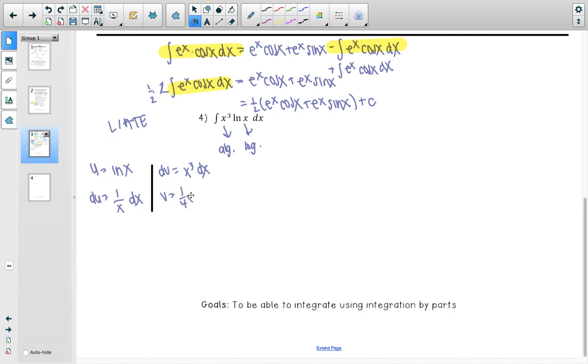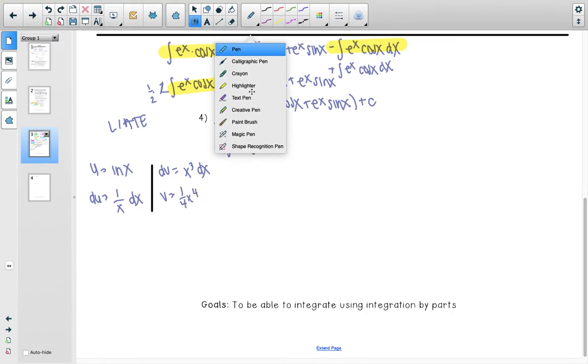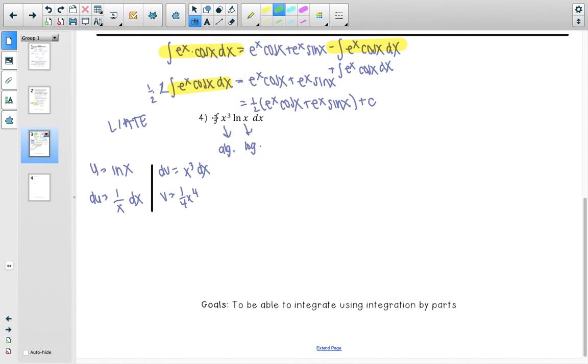All right, and then we have to do our little weird crossy thing. Let's use green this time. Oh my gosh, I'm bad at this. And we're going to go through. Now, I did tell you in the beginning, if there's a variable left, then you're probably going to have to do this twice. Obviously, there's always exceptions, okay?